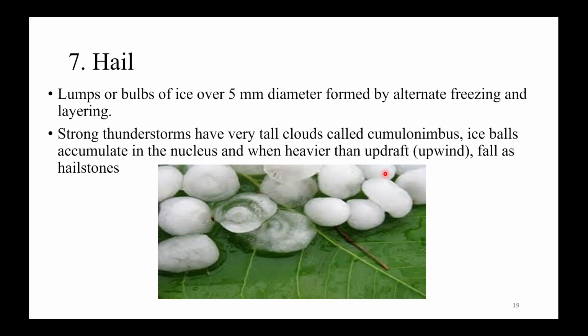Okay, so these are some forms of precipitation. I hope you are following. And usually precipitation will not occur in just one form, it may occur in several forms together.